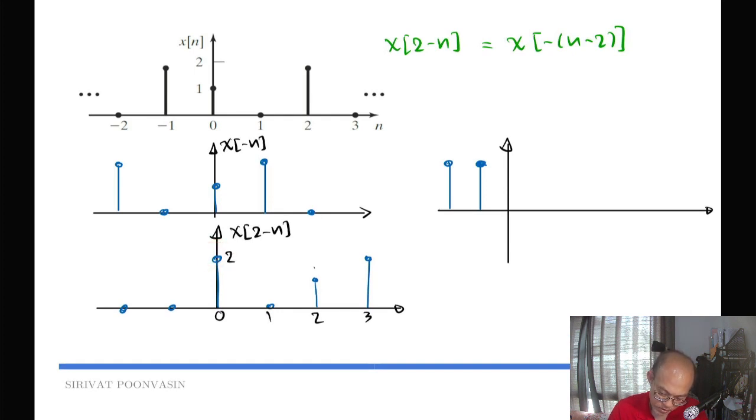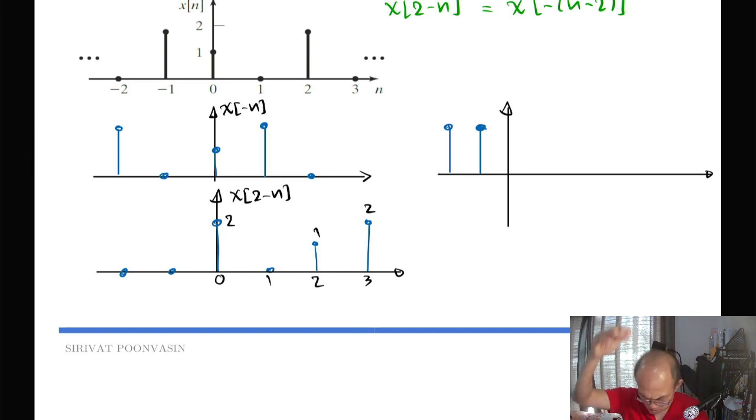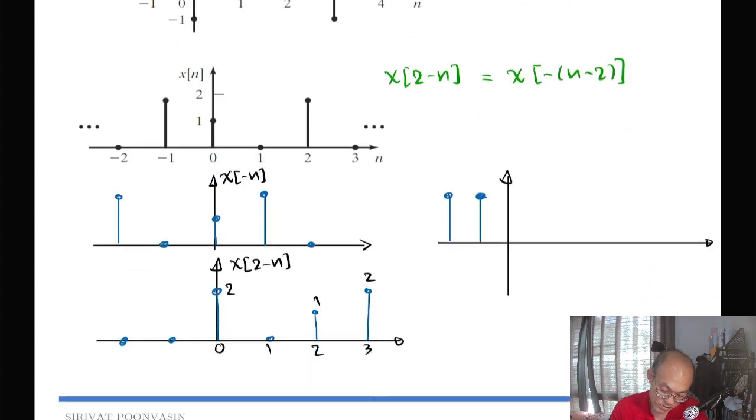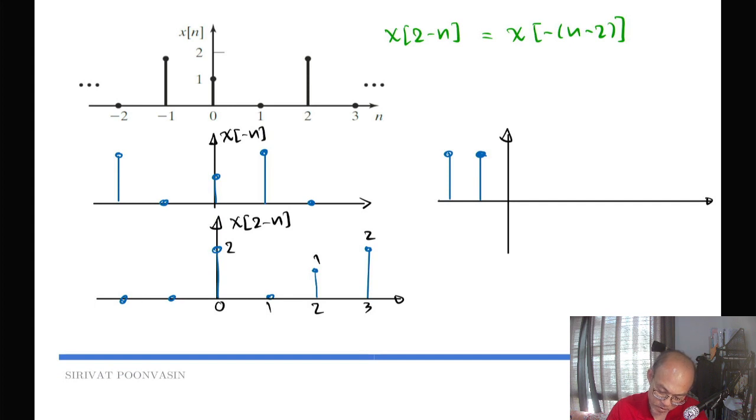So 2 multiplied by minus 2 and shift up by 3 would be minus 1. Okay, would be minus 1. This one is another 3. This one is 1 multiplied by minus 2 is minus 2 and shifted by 3 would be 1.